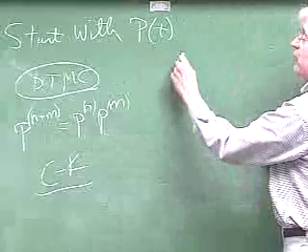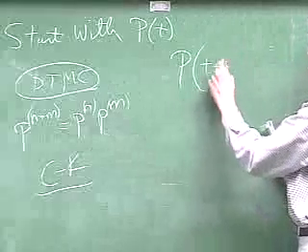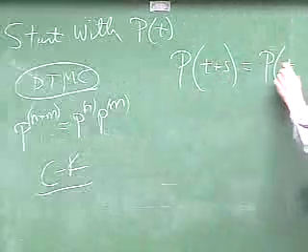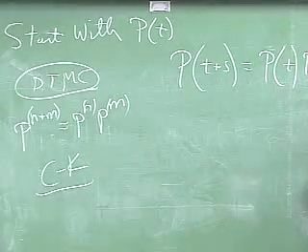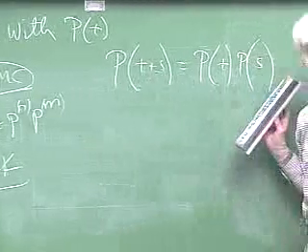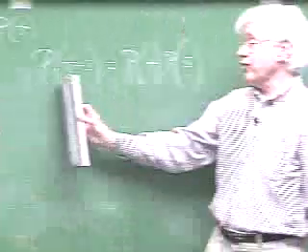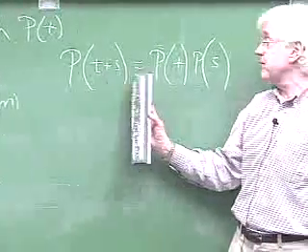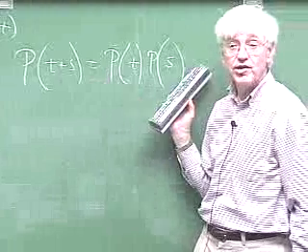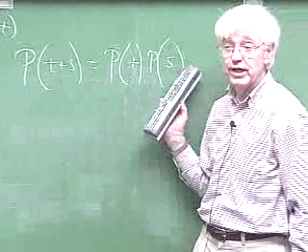For continuous time, there's an obvious analog. As matrices, not numbers, matrices. This is saying the transition matrix in t plus s steps is the transition matrix in t steps times s steps. First you do t steps, then you do s steps.